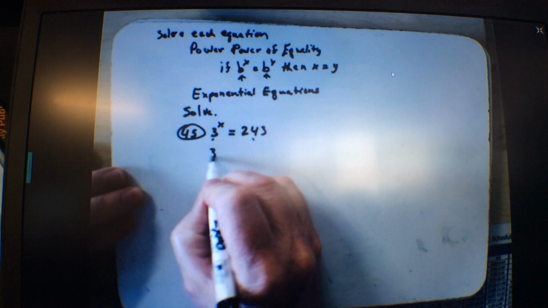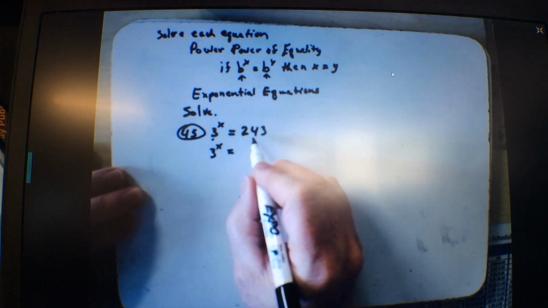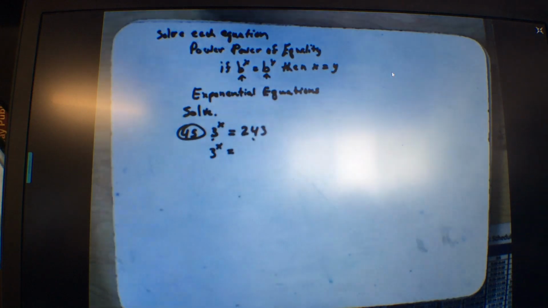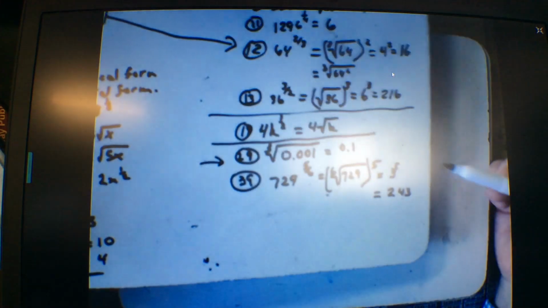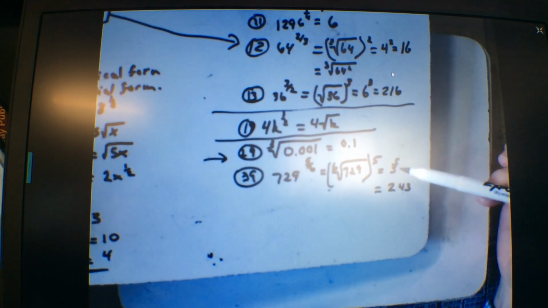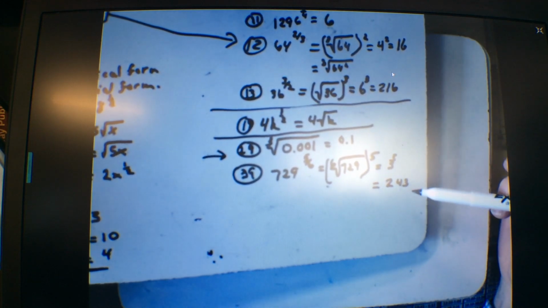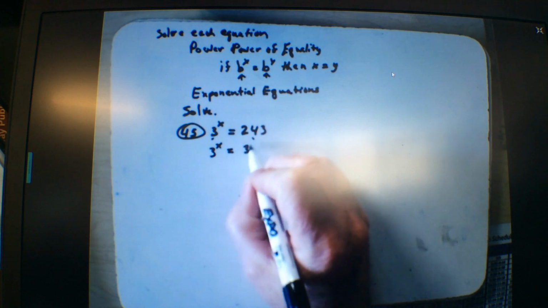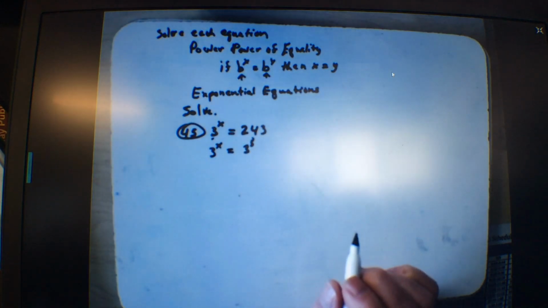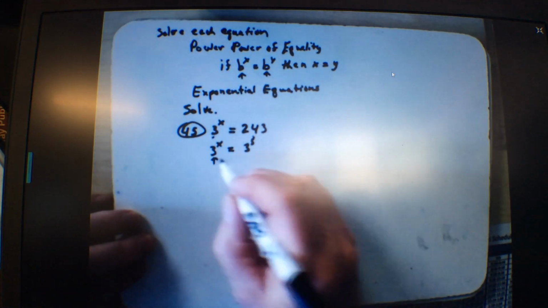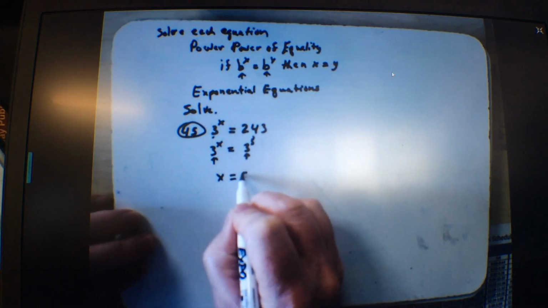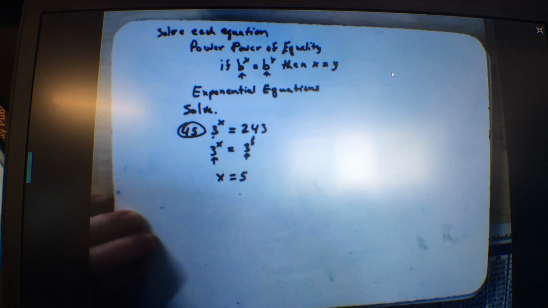This one has a base of 3, so can we write 243 as a base of 3? Well, I think Ryan just did that over here. 3 to the 5th power was 243, is that correct? So therefore, this can be written as 3 to the 5th power. Now, Tirsa, these two have the same base, is that correct? Therefore, x equals 5. Once you get the same base, then the exponents are equal.